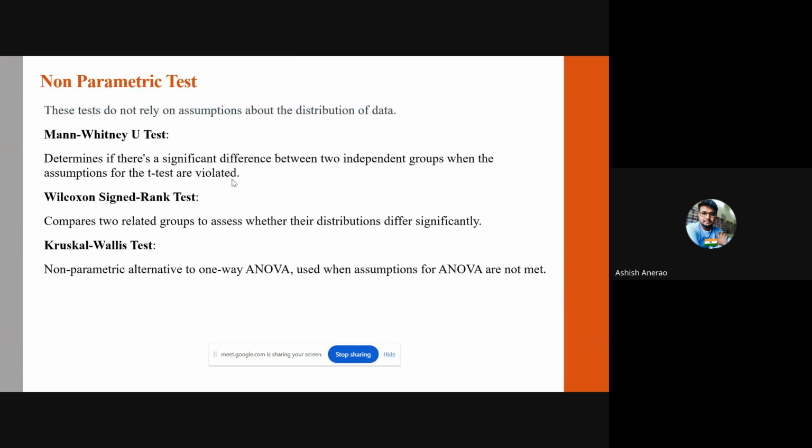If we want to compare two groups and our data is normally distributed, then our mean shows central tendency, and by using the t-test we compare the means. If some persons have questions, please ask after completion of this presentation.